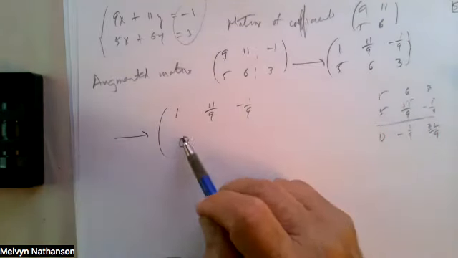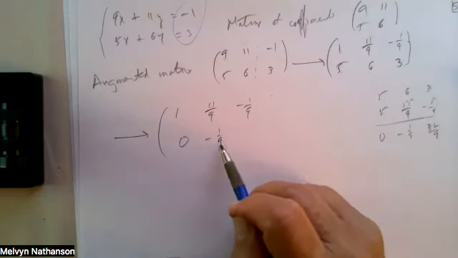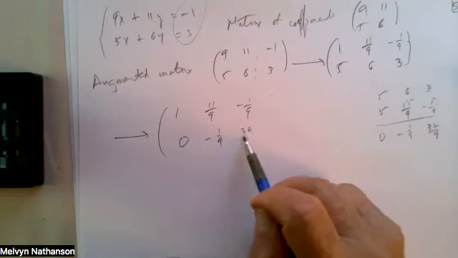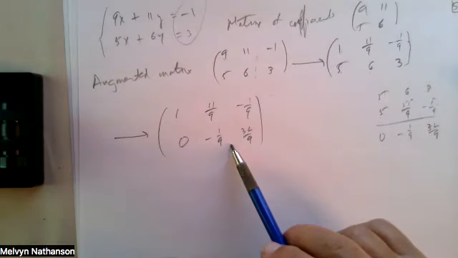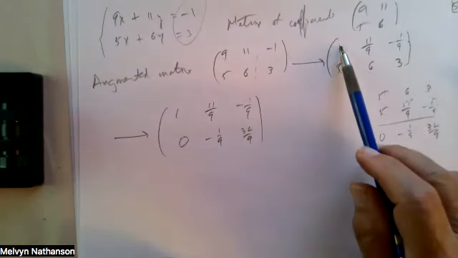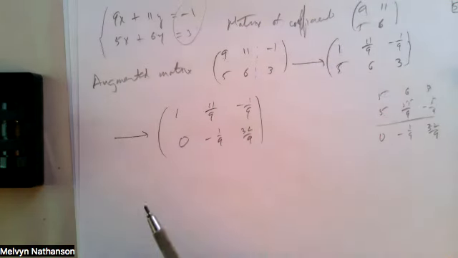So this row becomes 0, minus 1/9, 32 over 9. I got from here to here by subtracting 5 times the first row from the second.